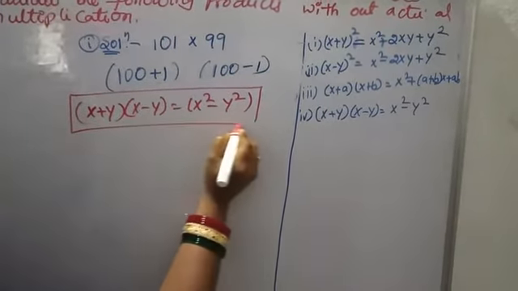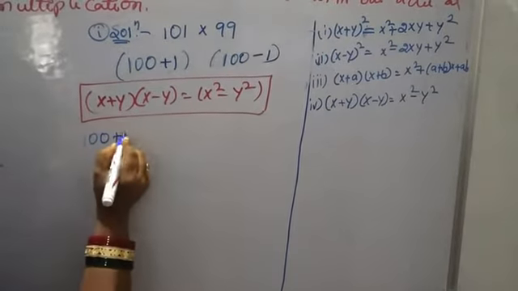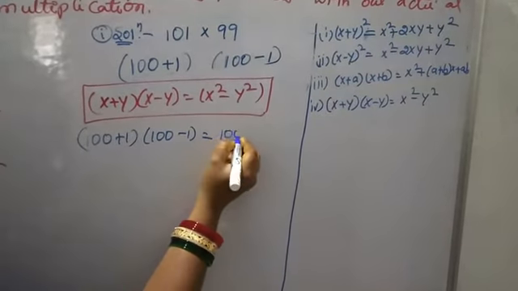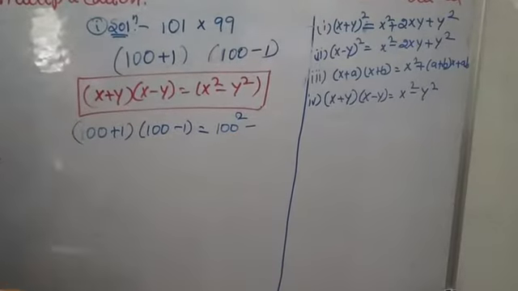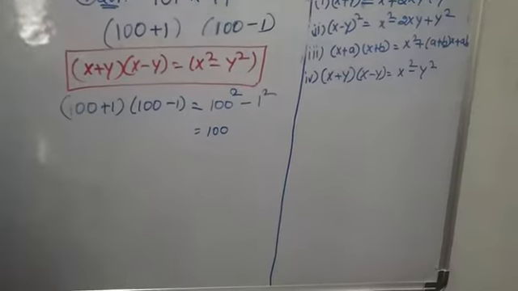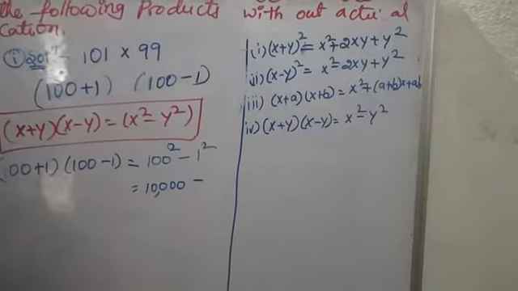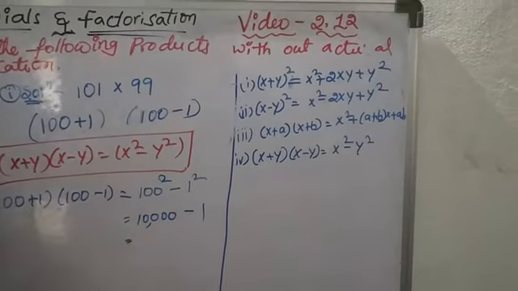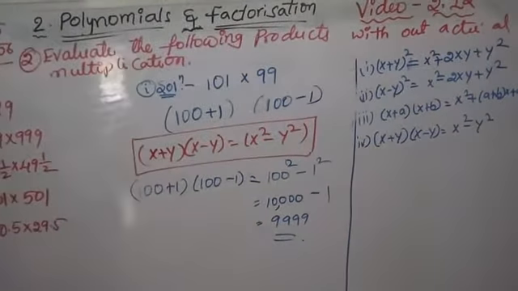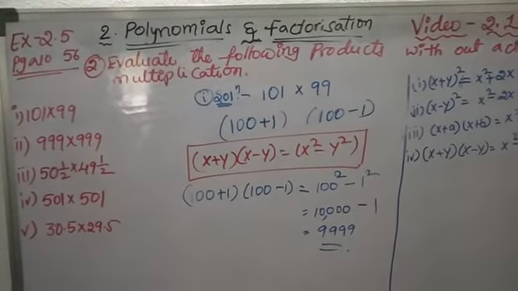So 100 plus 1 into 100 minus 1 is equal to x square, in the place of x we have 100 square, minus in the place of y we have 1 square. 100 square is how much? 100 into 100 twice, so we are getting 10,000, minus 1 square, 1 ones are 1. 10,000 minus 1 is equal to 9,999. Without multiplication we are getting the value easily by using the algebraic identity.